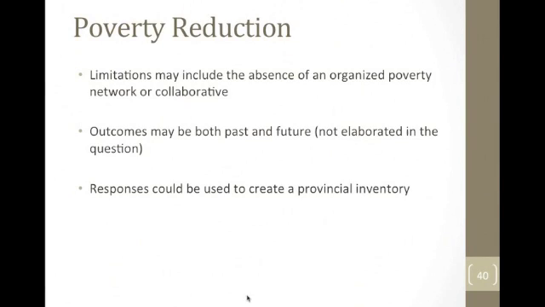Certainly we haven't specified in our outcomes whether they are past outcomes, so some poverty reduction networks have been active since 2008 or 2009. We're interested right now in knowing whether there have been accomplishments and also future. So we don't specify past or future. It'll be interesting to hear whether or not we should do that to help respondents.